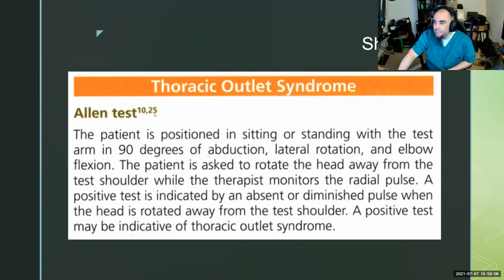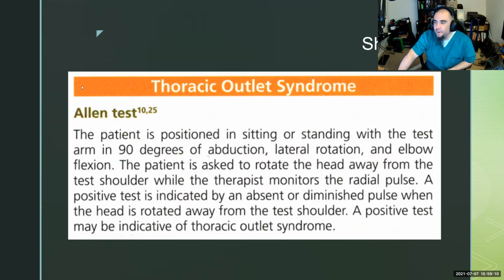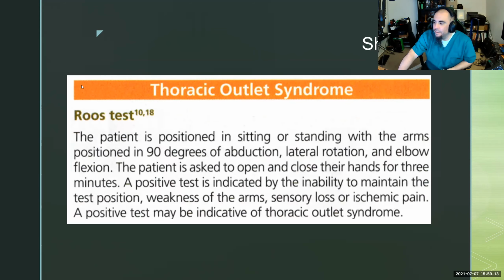Allen's is very similar, it just changes the head position. So Allen's and Adson's are very similar, it's monitoring blood pressure. And then the Roos is the one we did like this, right? Where we sat and did this for 3 minutes, and we did open, close, open, close, repeatedly.